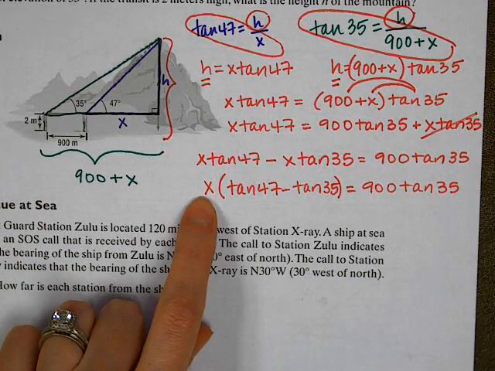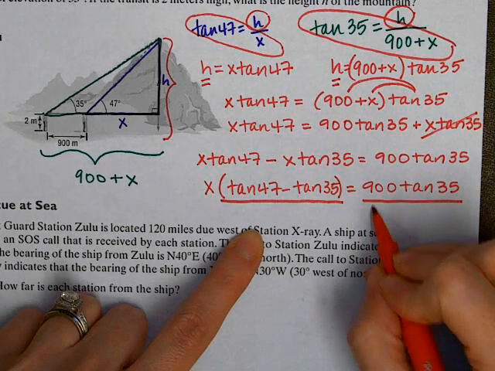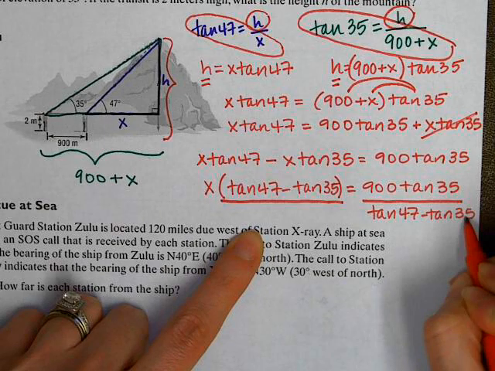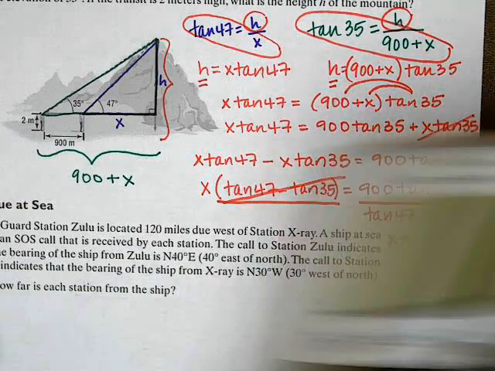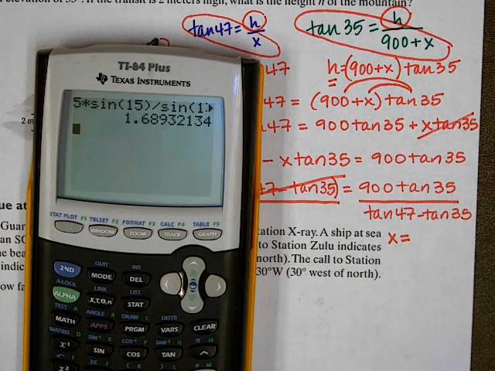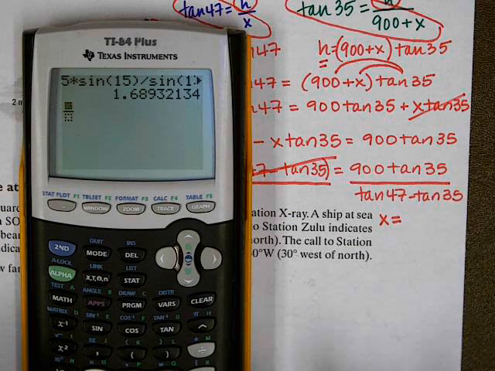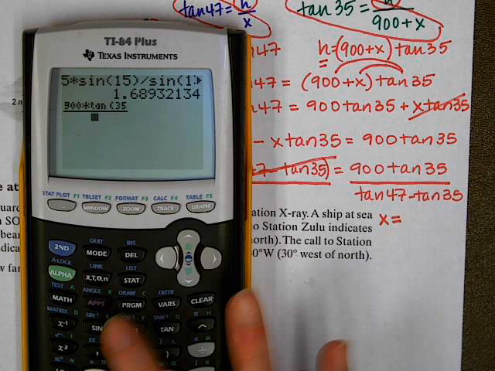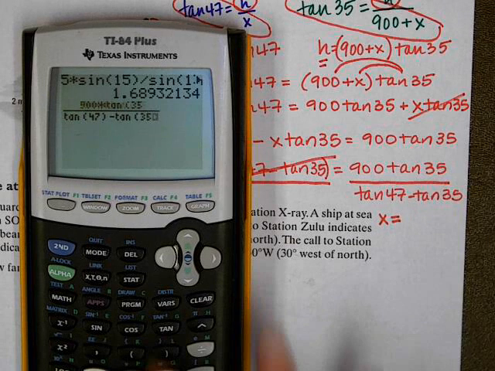If you want to get x alone, we're just going to divide both sides by this, tan 47 minus tan 35. Okay, so this is gone now. Okay, so let's see what x equals. So I'm just going to make the big fraction so I don't have to worry about parentheses and stuff. 900 times tan 35 over tan 47 minus tan 35.